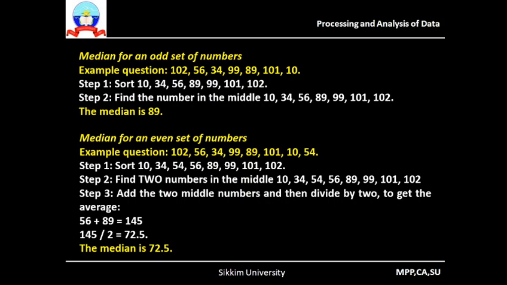Step number 3, add the two middle numbers and then divide by 2 to get the average. 56 plus 89 is 145, and 145 divided by 2 is 72.5. So the median is 72.5. Depending on the number of data items in the data set, you may pursue either of these two approaches for determining the median.